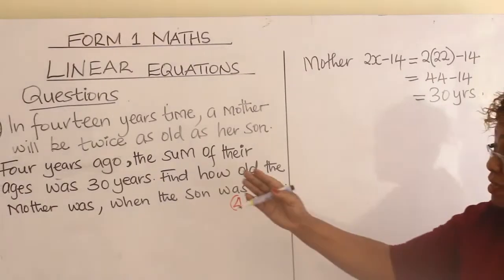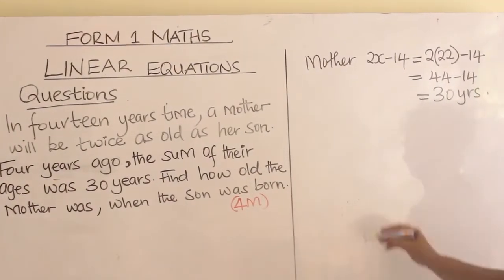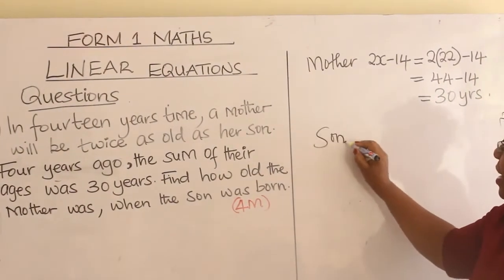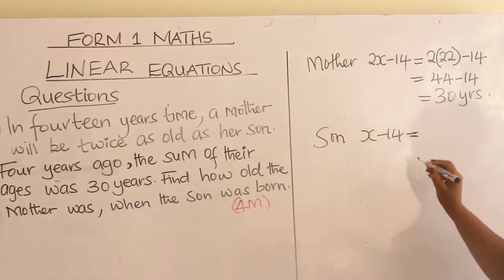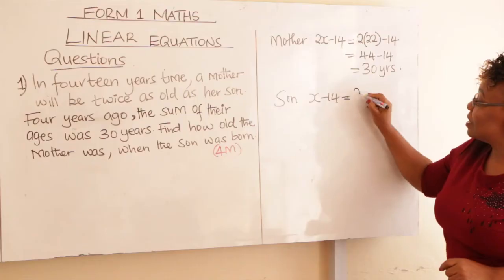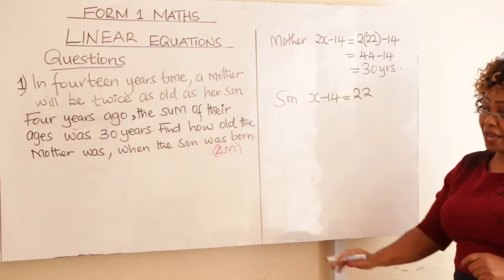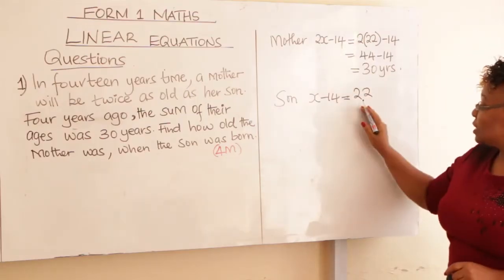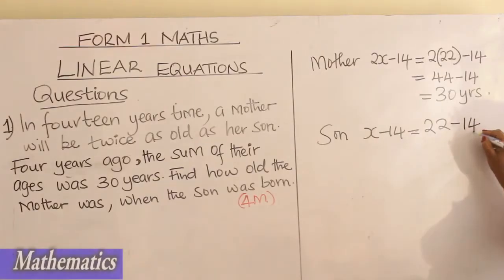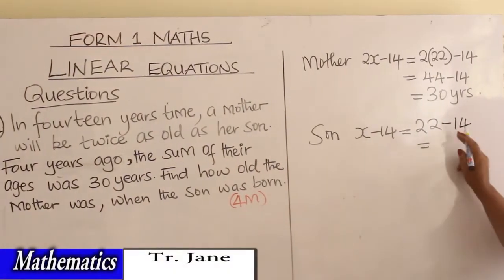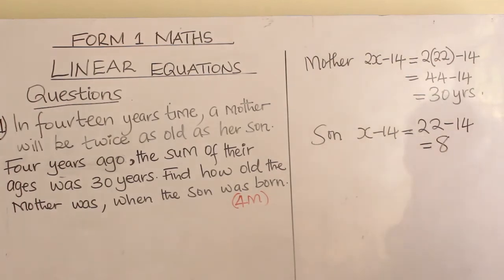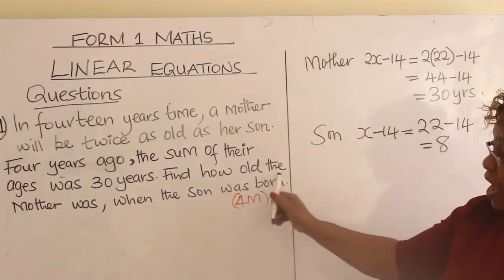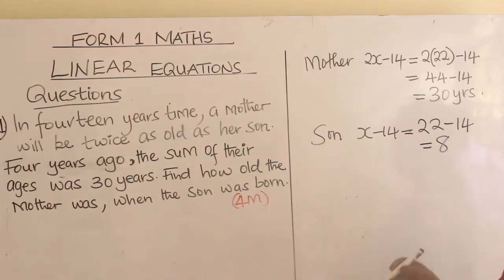What about the son? The son is X minus 14. And our x again is 22, so we substitute and subtract. 22 minus 14 gives you 8. So, find how old the mother was when the son was born.